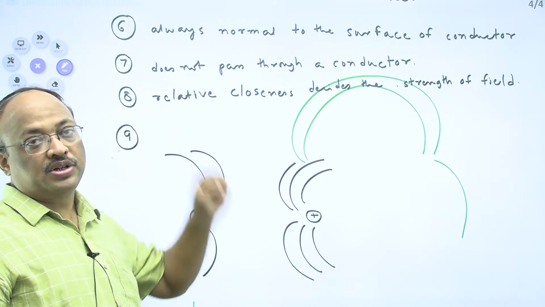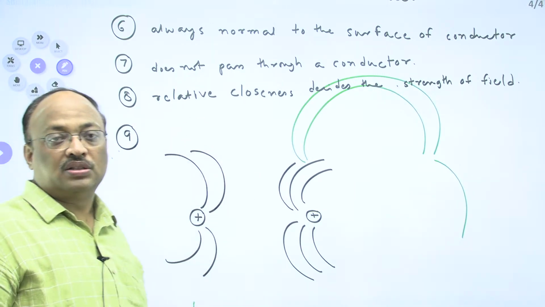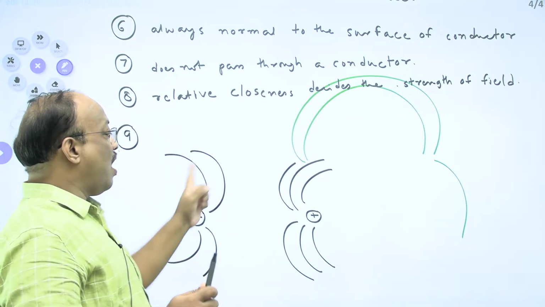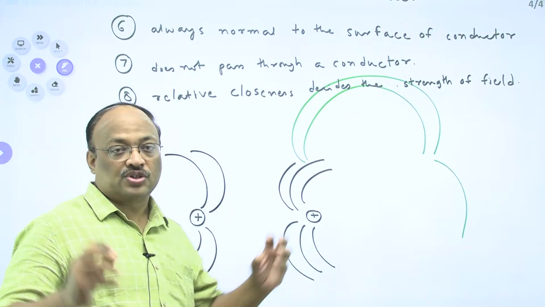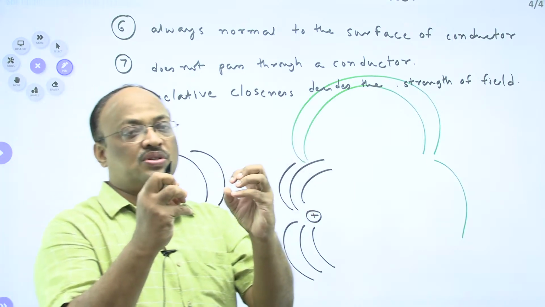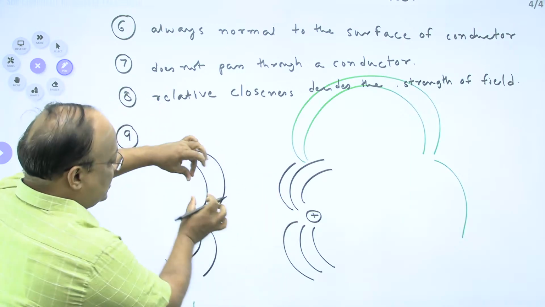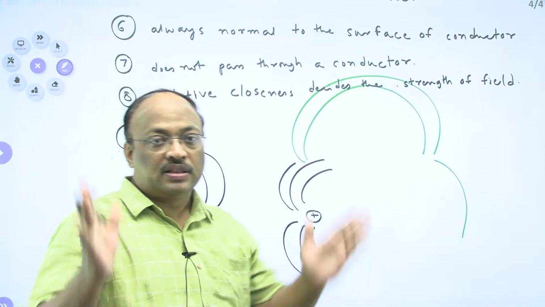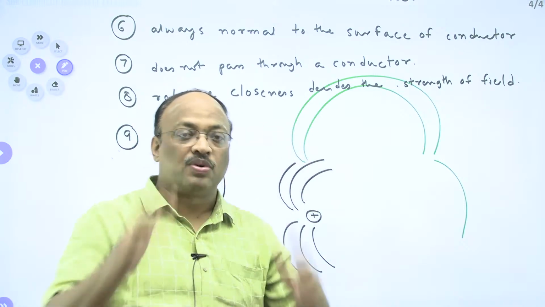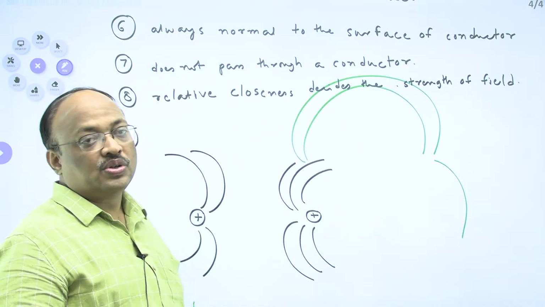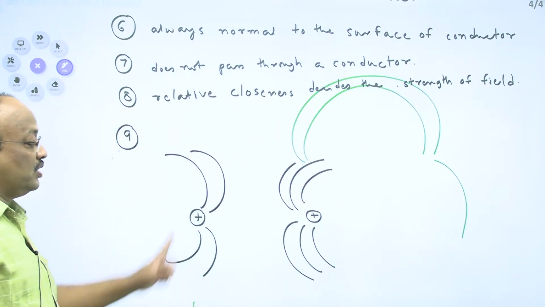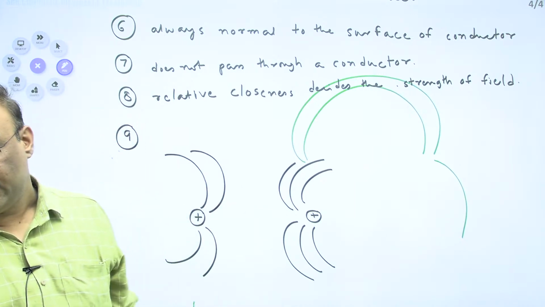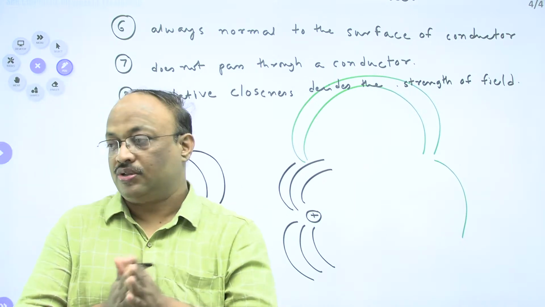If you bring them close, these electric lines of force laterally try to move away from one another. So that shows there is a force of repulsion between these two charges.